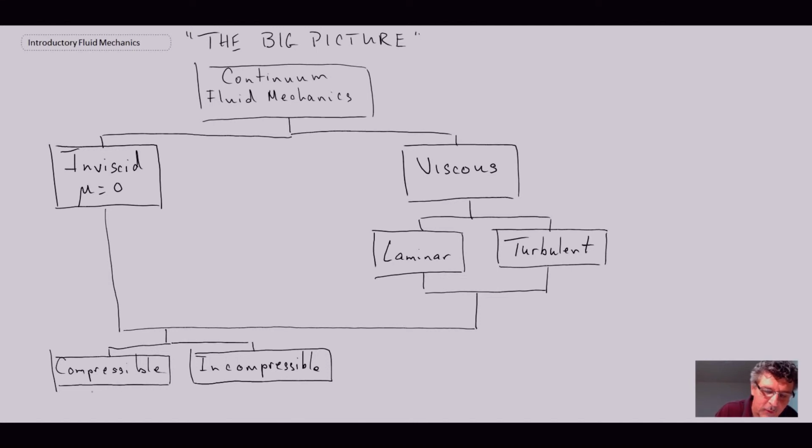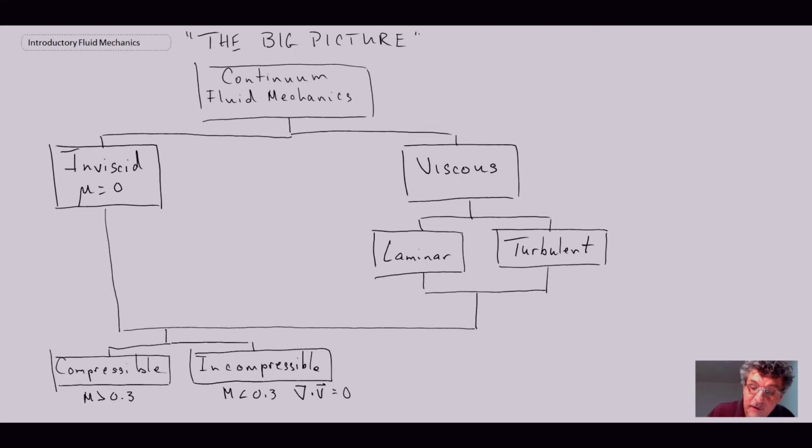And typically the rule of thumb is if the Mach number is greater than 0.3, you would say it's compressible. If Mach number is less than 0.3, then it is incompressible. And if you recall from an earlier lecture, we said del dot V is equal to 0 would be the thing that would tell you whether or not it's incompressible or not.